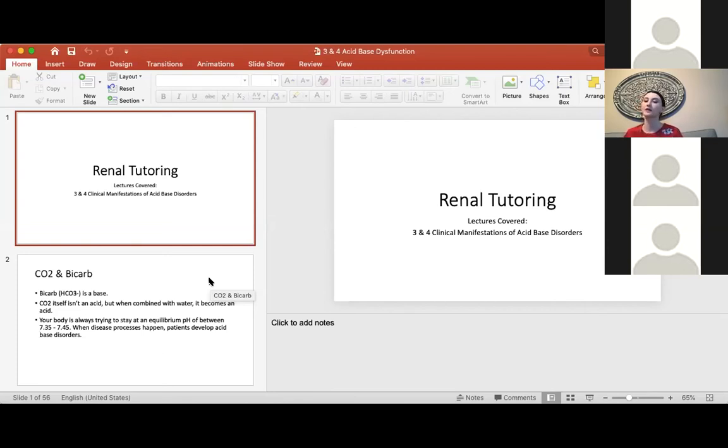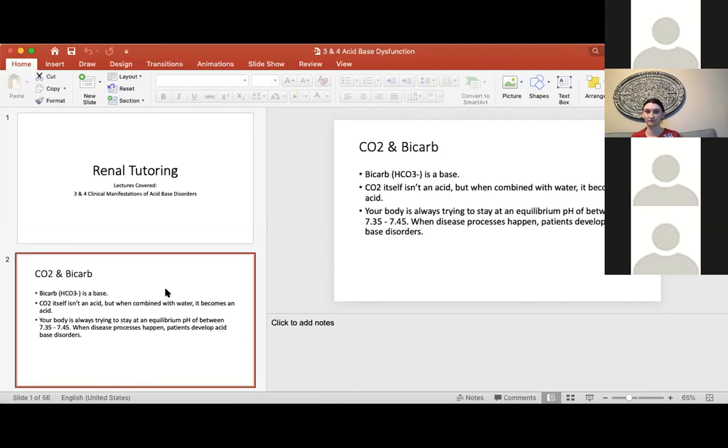Are they diabetic? Are they in DKA? That can give you your answer as well. So that's what I did, with no time to spare, just so you know it can be done. They're not as bad as they're going to seem.